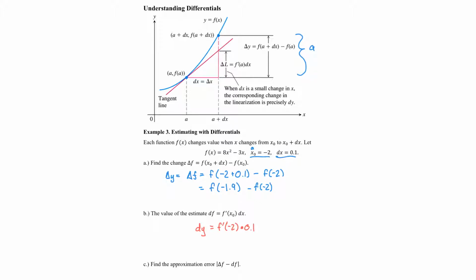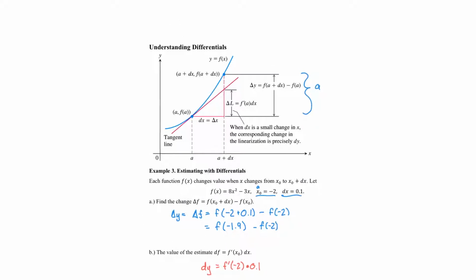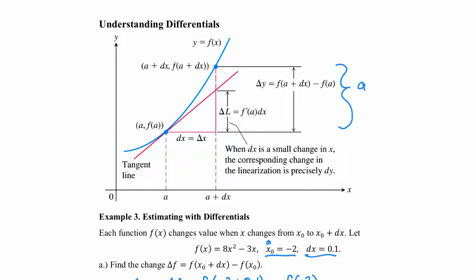If we look at that in terms of what's going on up here, where is the change in the function? Let's slide back up to the top. Where is our dy? What this is saying is that dx is a small change in x.